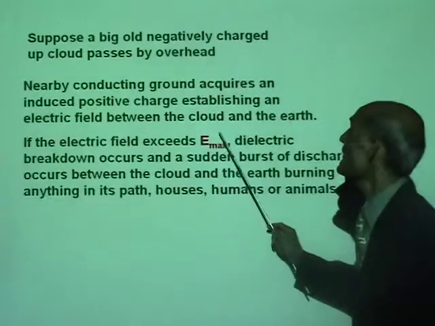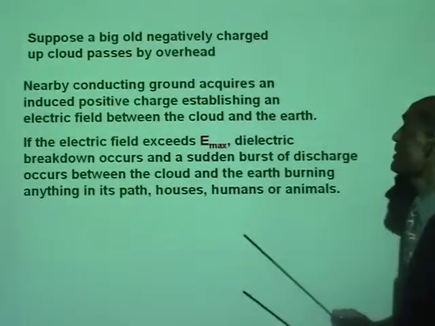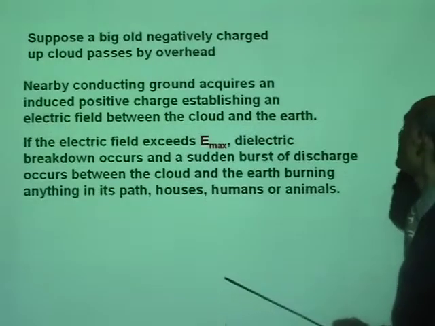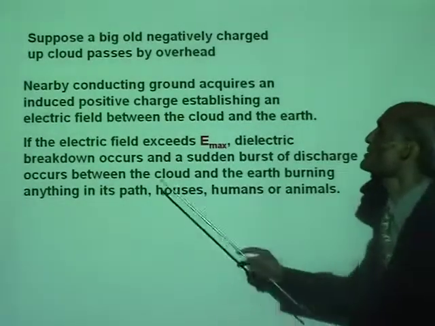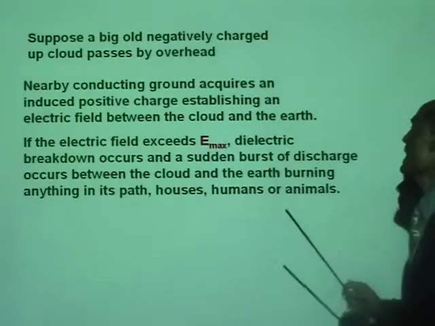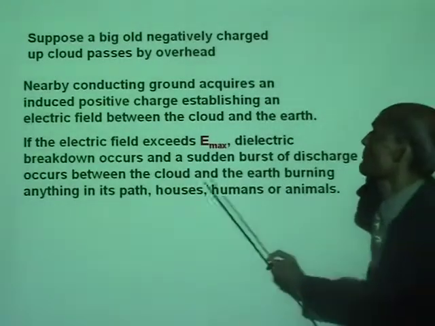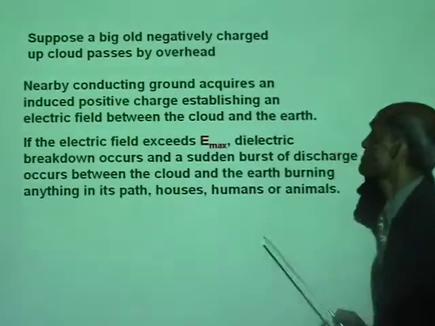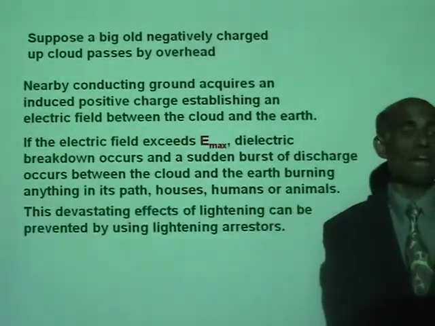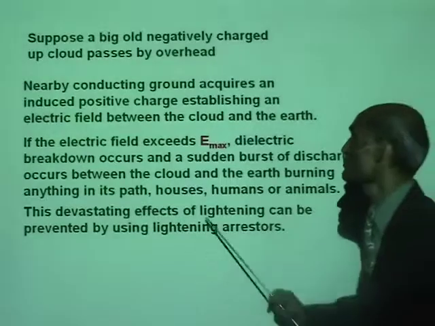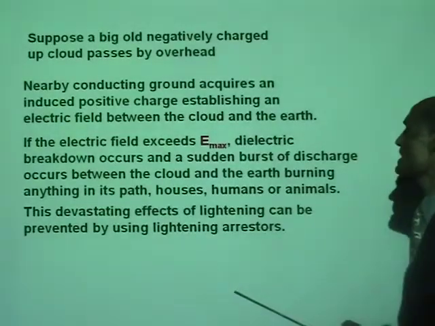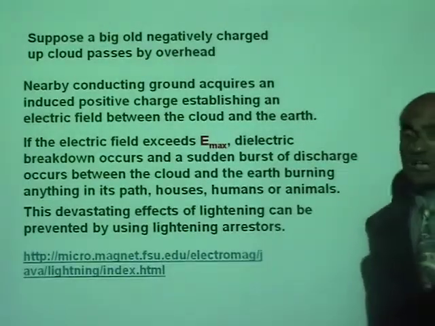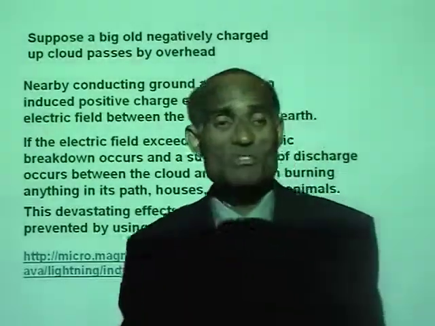If the electric field exceeds that maximum value, dielectric breakdown occurs and a sudden burst of discharge occurs between the electric cloud and the earth, burning anything in its path: houses, humans, animals, and so on. The devastating effects of lightning can be prevented by lightning arresters, and that's what I demonstrated to you.